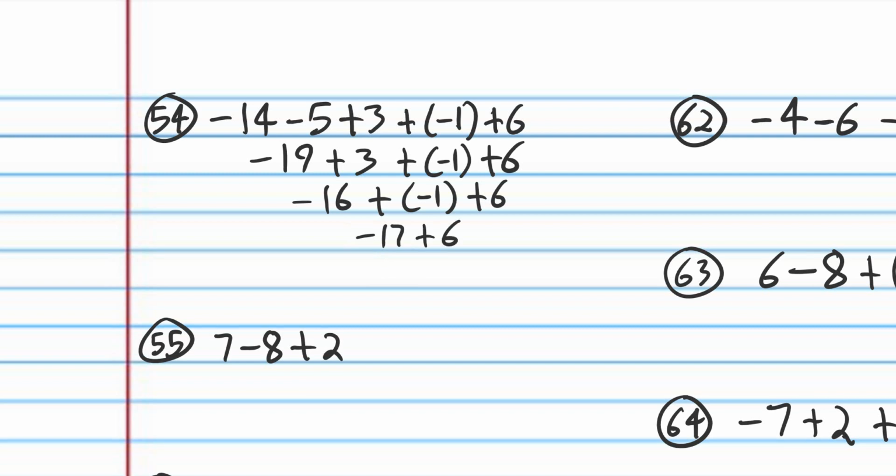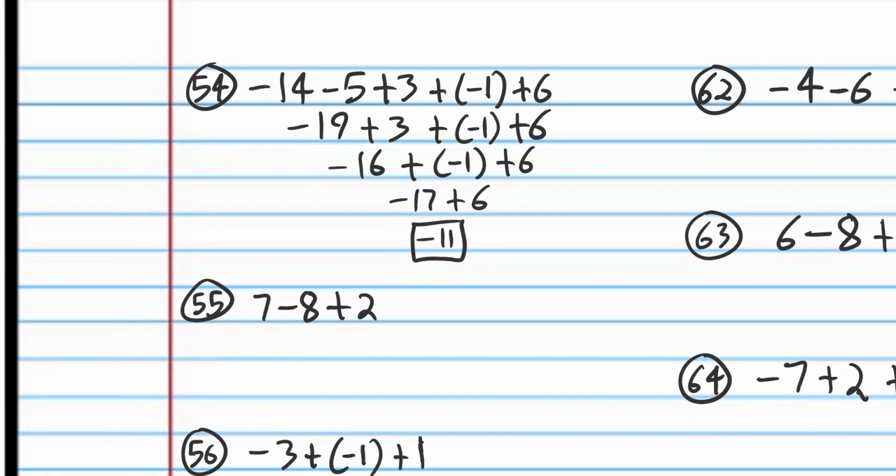And negative 17 plus 6 is negative 11. So that was kind of a long one. So the reason that adding and subtracting negative numbers is so difficult is because if you make one mistake along here, your answer is going to be incorrect, and it's sometimes very difficult to figure out where you made the mistake. That's why adding and subtracting negative numbers is the most difficult part of this course.